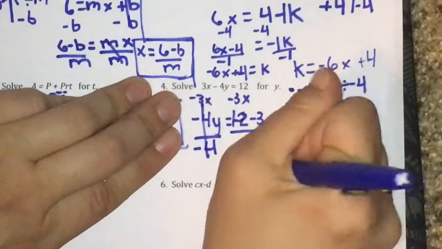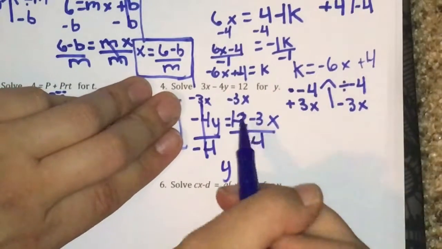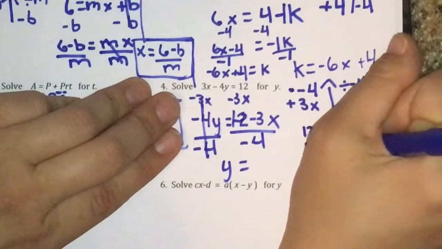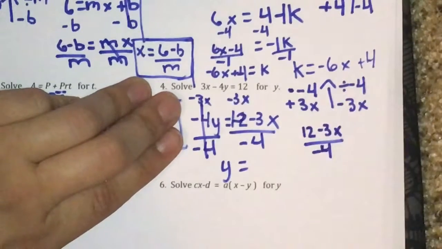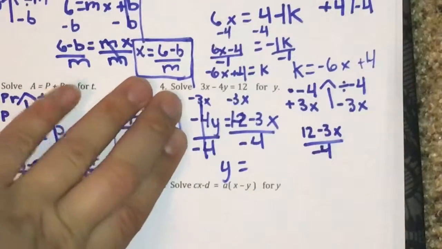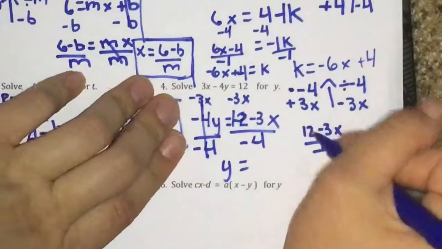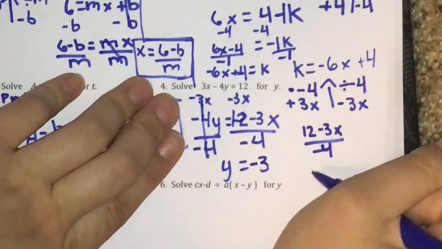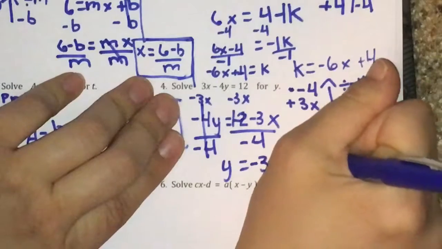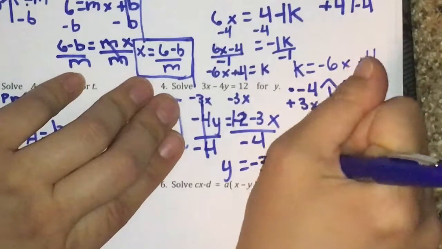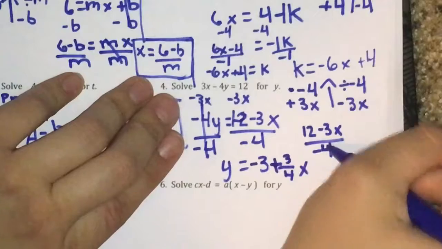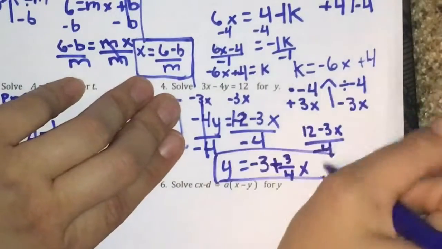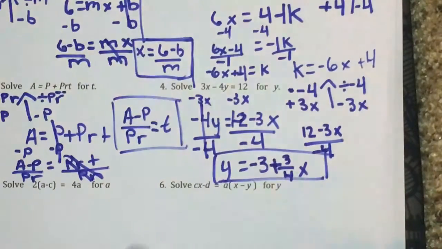We're left with y equals, and actually you can either leave it as 12 minus 3x over negative 4, or you can simplify it and divide each of those out. 12 divided by negative 4 is negative 3, and negative 3x over negative 4 is positive 3/4 x. And actually, I prefer that you take that division, if you can divide by a number, and divide it out to get this one right here. That's going to be best.